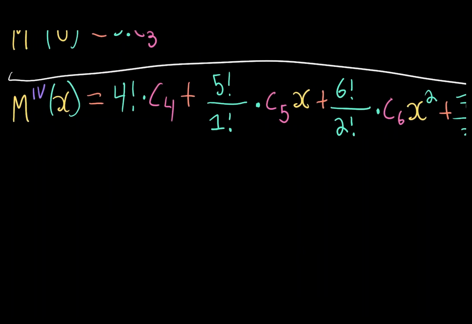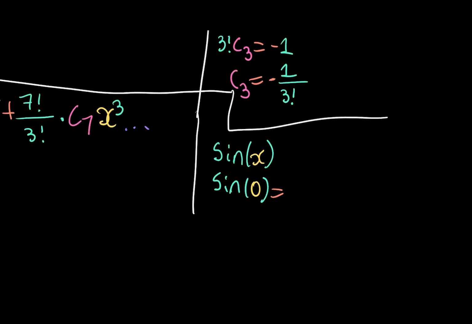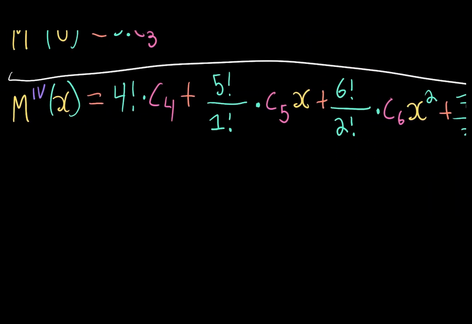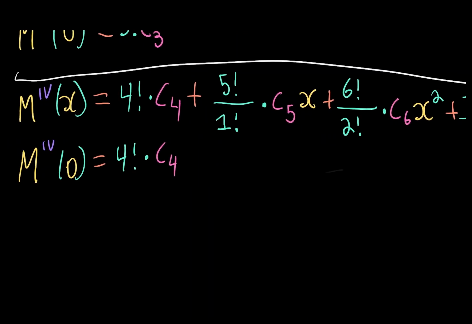So what does that fourth derivative equal to? m fourth derivative of 0 is equal to, the rest collapses, 4 factorial times c4, and then plus 0 plus 0 plus 0.